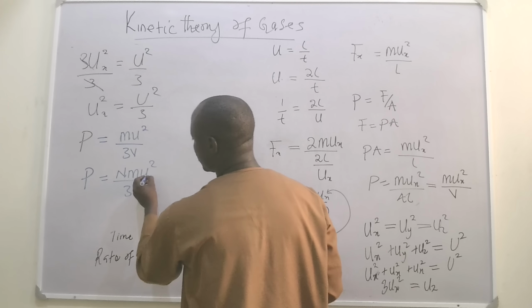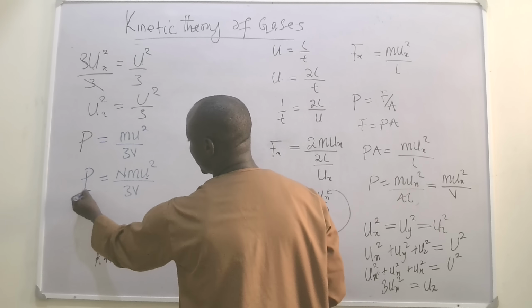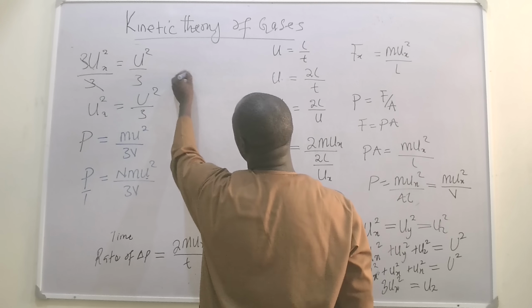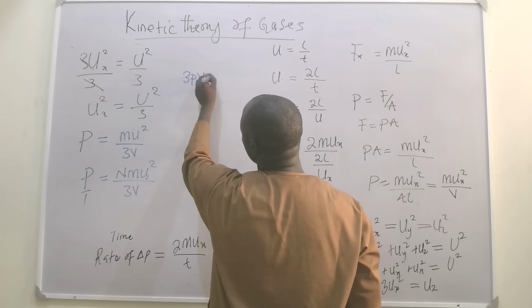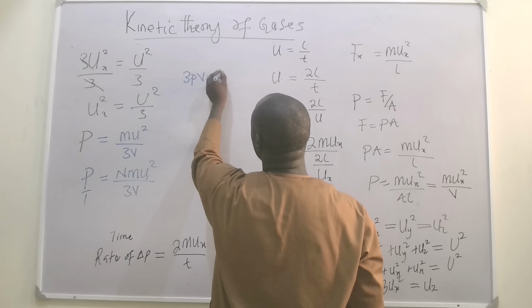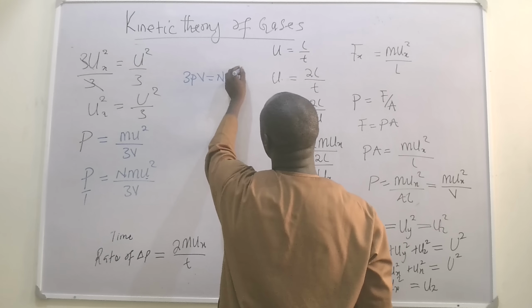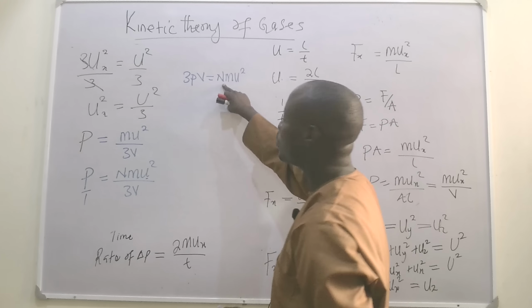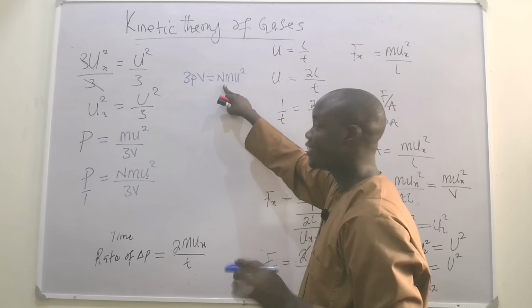So here, let's make use of the formula. We can multiply this and this, and this can give us 3PV is equal to N m u squared. But it depends. Let's say you have only one molecule inside the container.